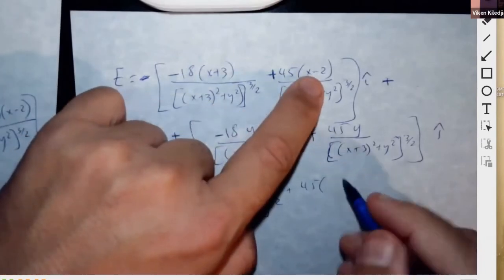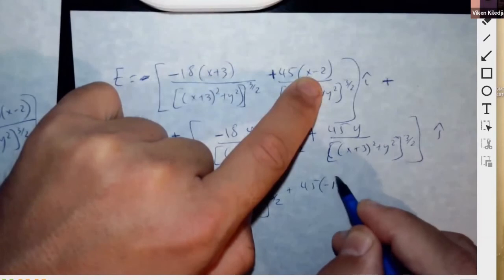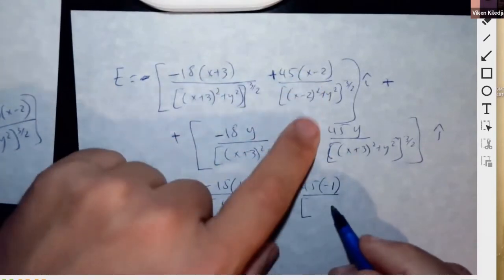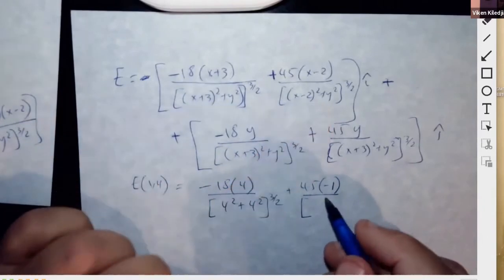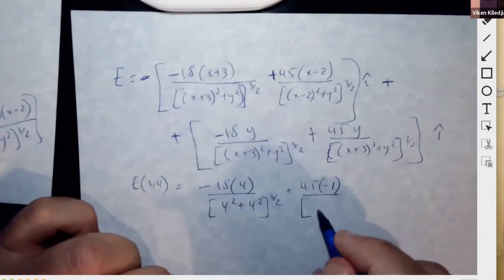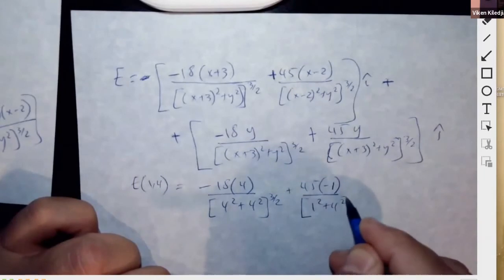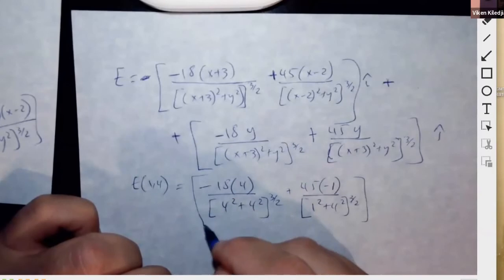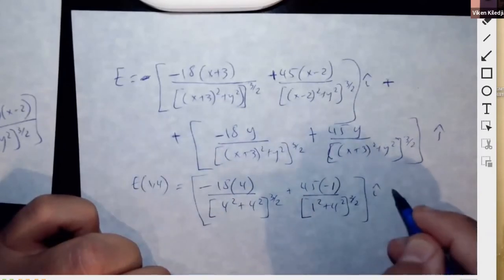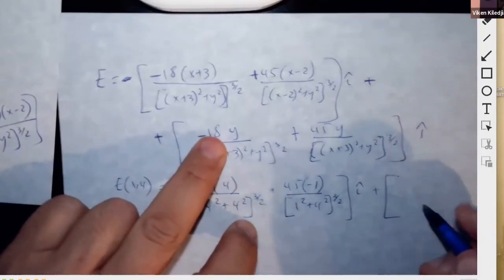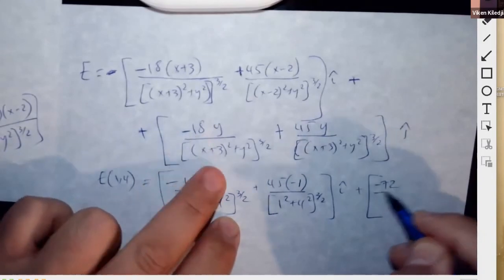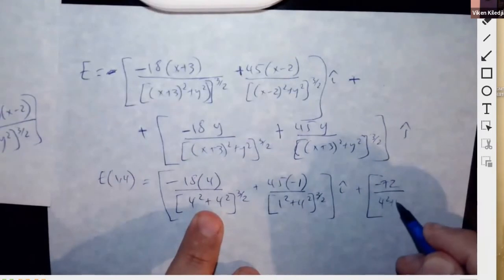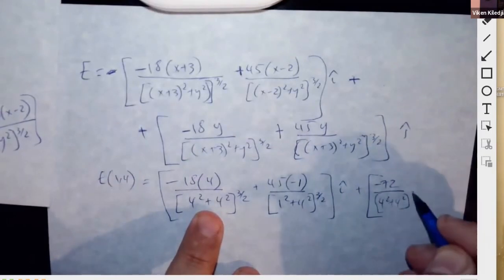And I would put 1 here. Then you get here 1 minus 2, 1 squared plus 4 squared to the 3 halves. Then plus, I would put 4 here, negative 72 over, and this part is going to be the same, 4 squared plus 4 squared to the 3 halves.